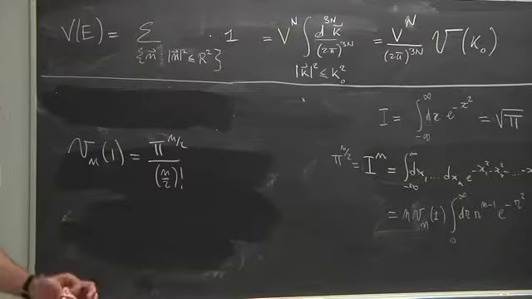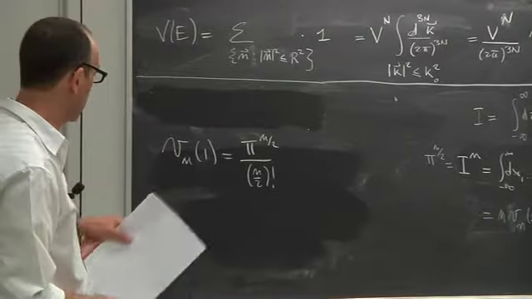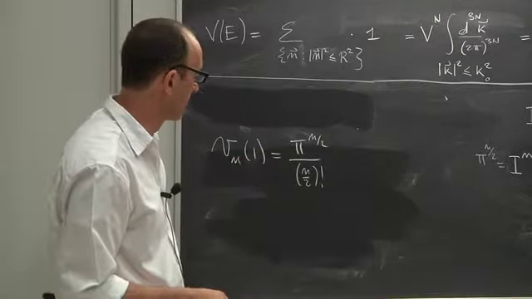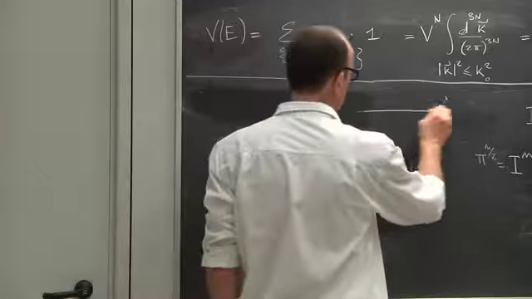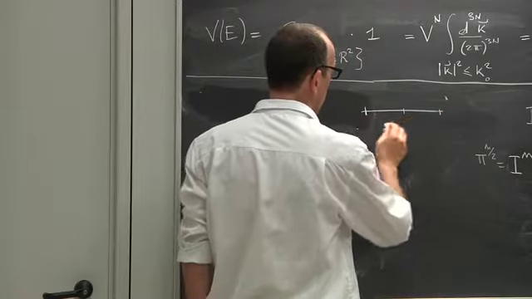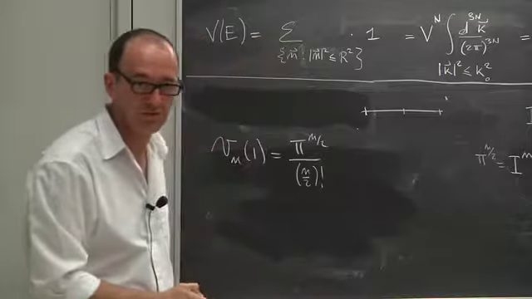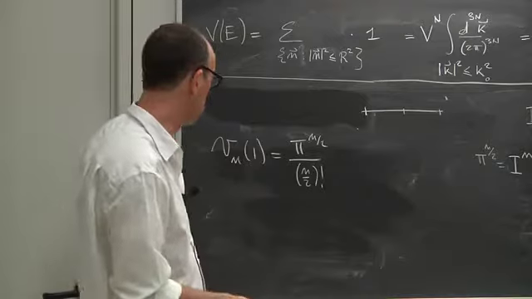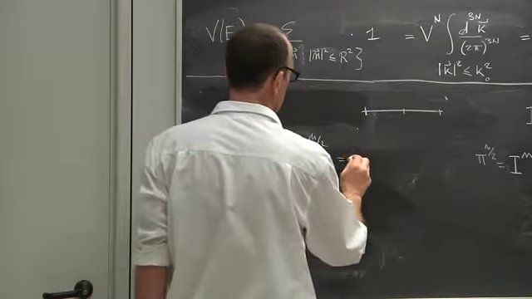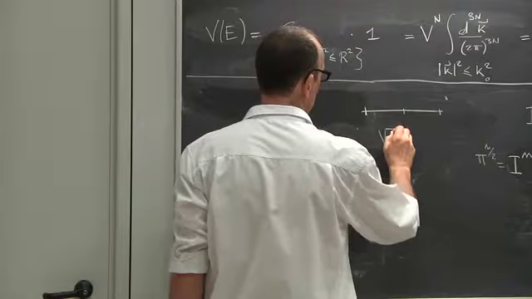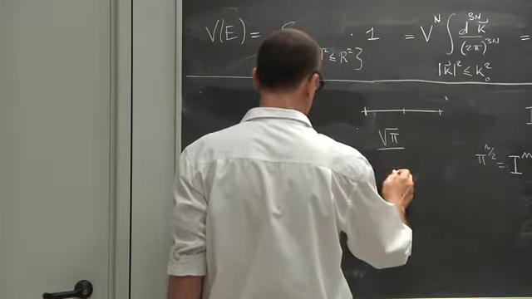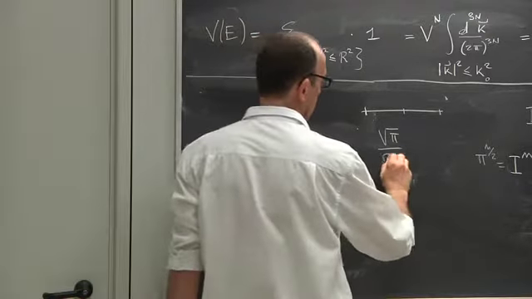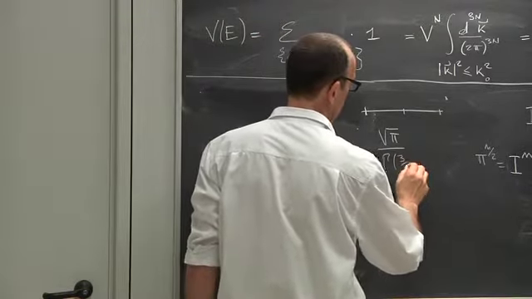So let's check that this works. For n equal to 1, we have just one dimension. The sphere of radius 1 should be 2, because it's just a segment from -1 to 1. The volume is 2. And in n equal to 1, you have square root pi divided by 1/2 factorial, which is essentially the gamma of 3/2.